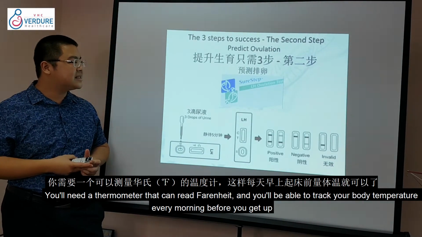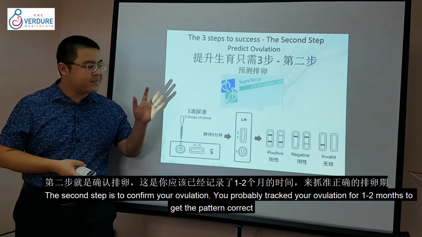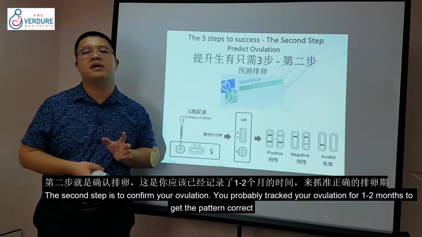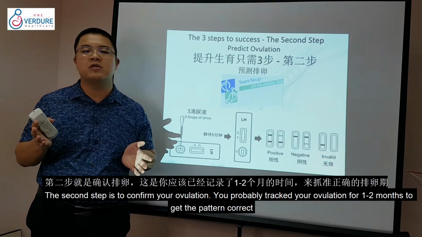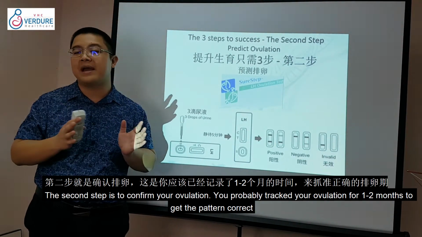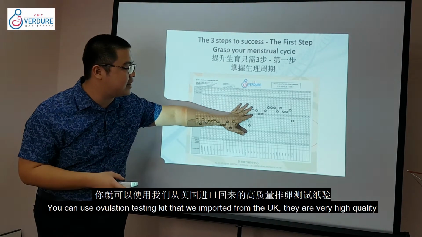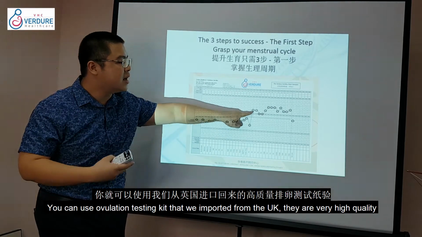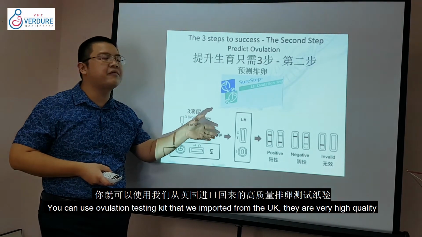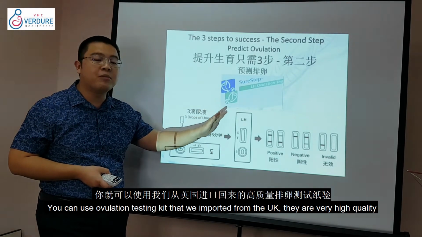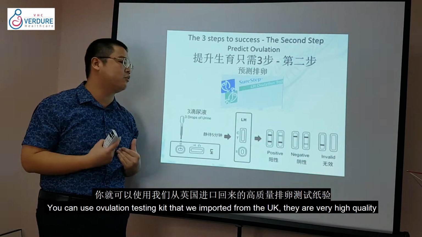So the second step is to confirm ovulation. When you've reached this step, most likely you have already been recording your menstrual cycle for 1 or 2 months. You will be able to see a pattern. So during this temperature bump over here in your next cycle, around this time you will be using this ovulation test kit, and we have imported these test kits from the UK, and they are really high quality.